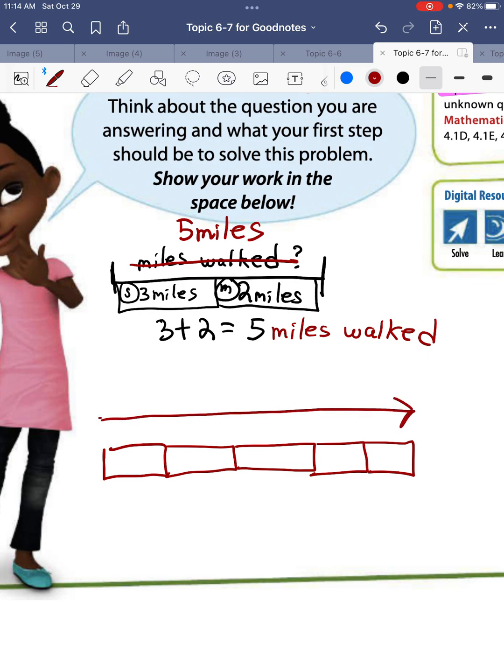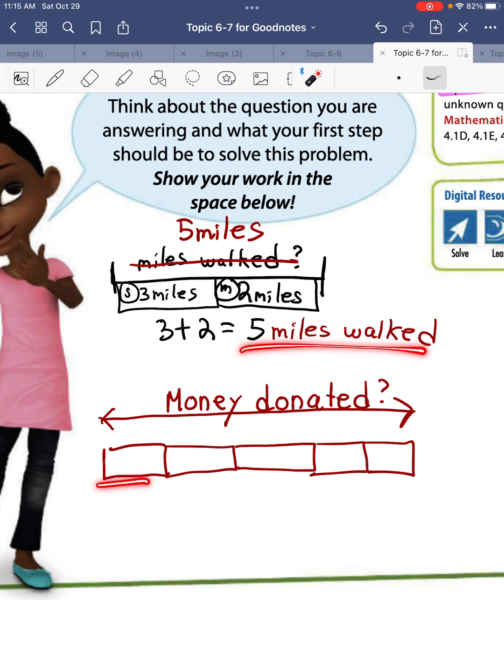So I need to figure out money donated. Question mark. Okay, my 5 miles again is my 5 boxes. And I'm just going to put that on the side, 5 miles. Okay, that's why I have 5 boxes.